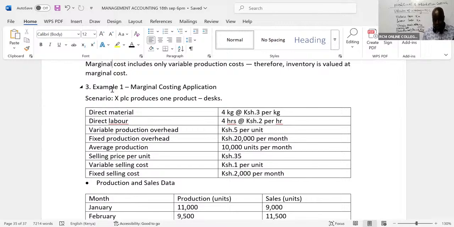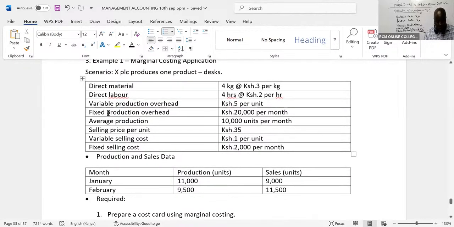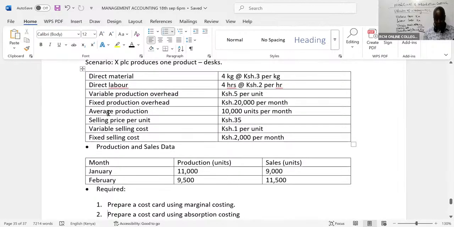Then we have variable production overhead, fixed production overhead, average production, selling price per unit, variable selling cost. Then we have fixed selling cost, 2,000. Then you can see the quantities. We have the month of January. In the month of January, we produced how many units?